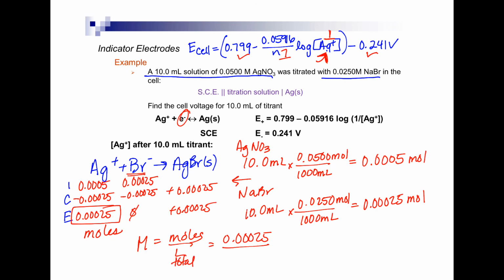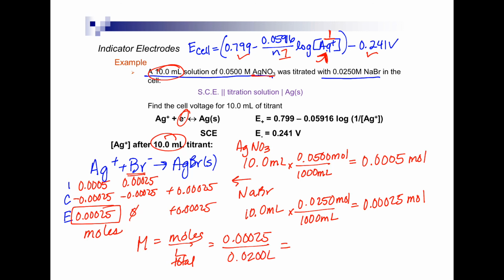My total volume here is I had 10 milliliters of my silver solution, and 10 milliliters of my titrant, which is just sodium bromide solution. So I have to add the 2 volumes together, and so that's 20 milliliters, and so that's 0.0200 liters.